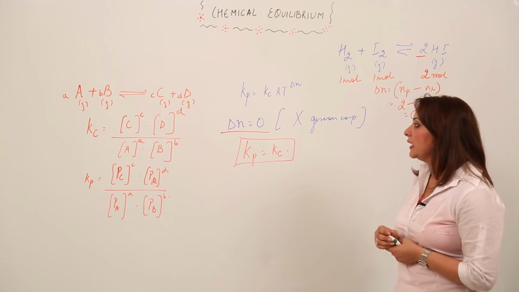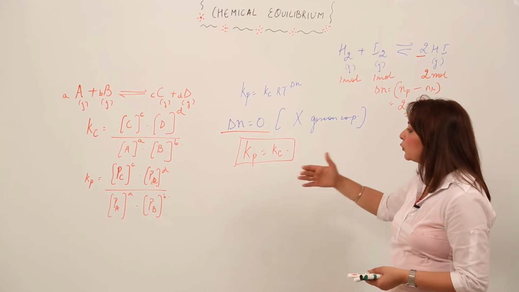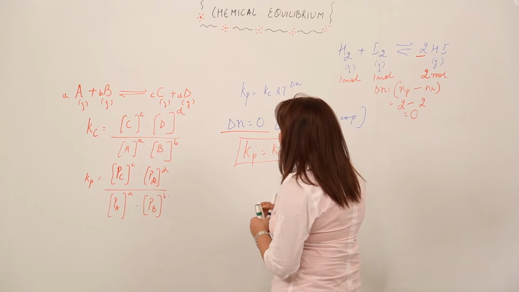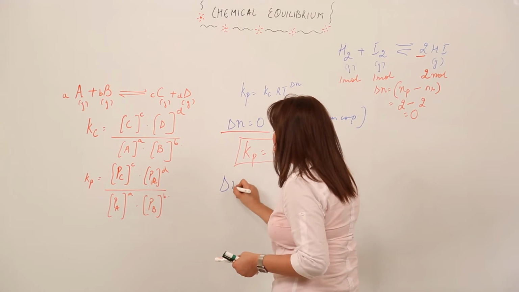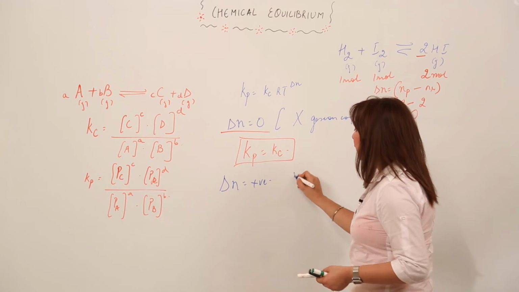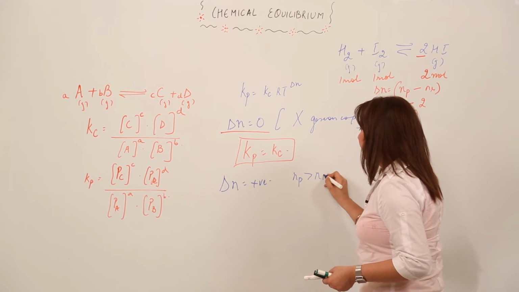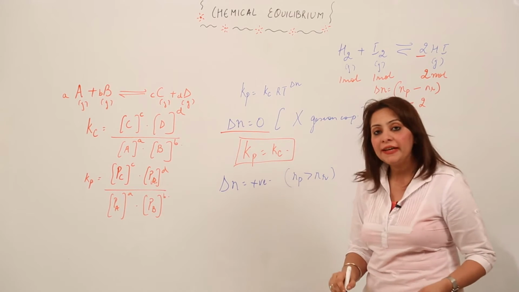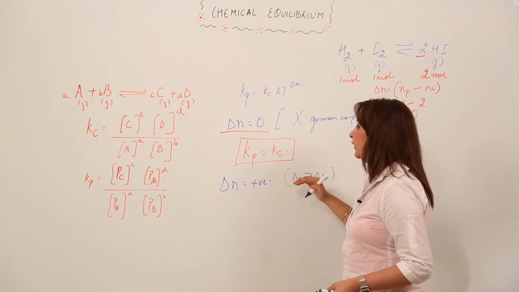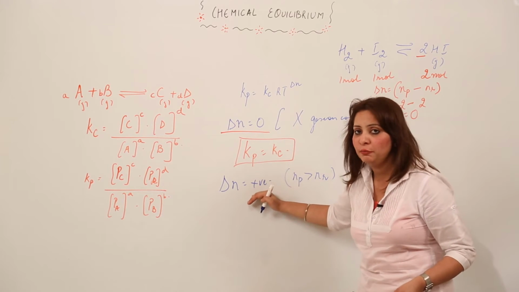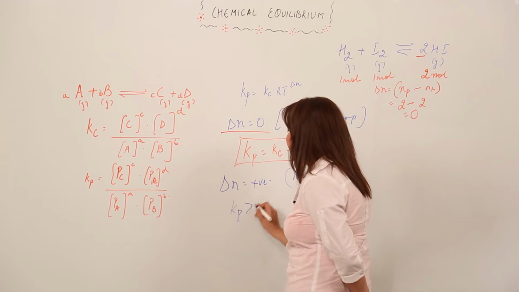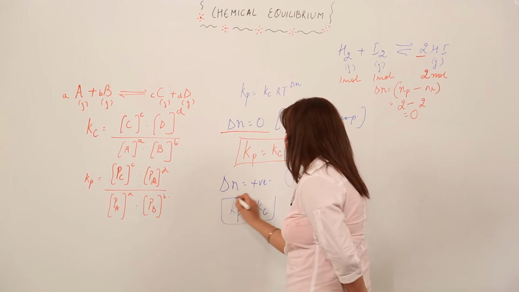Now we are going to discuss under what condition Kp is going to be greater than Kc. Suppose we have a reaction in which delta N is positive. Positive means the number of gaseous moles of products is greater than the number of moles of reactant. When we subtract the reactant moles from the product moles, we get a positive answer. That corresponds to the state when Kp is greater than Kc.